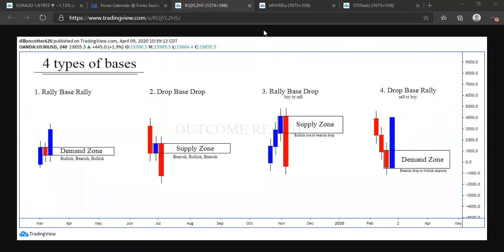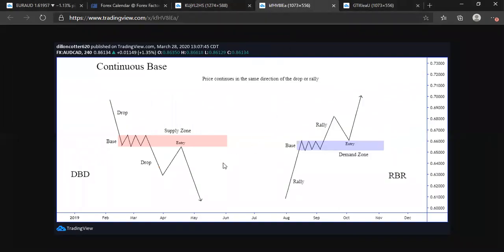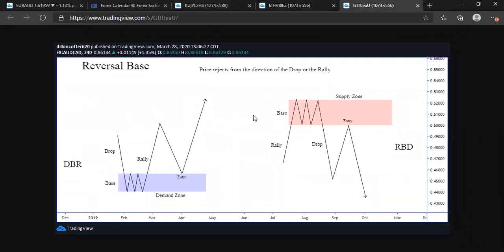So let's look at this next slide here on these bases. Okay, so we have continuous bases. Let's do reversal bases first. Basically it speaks for itself, right? So you always want to trade in line with the trend, right? The trend is your friend, but you also want to know as early as you can, and spot a reversal as well, right?